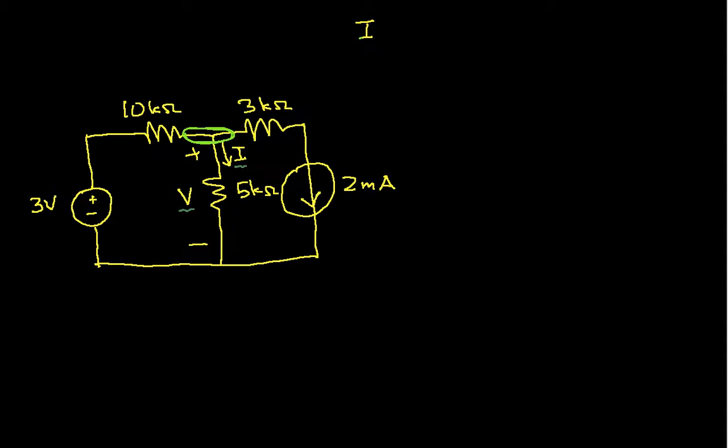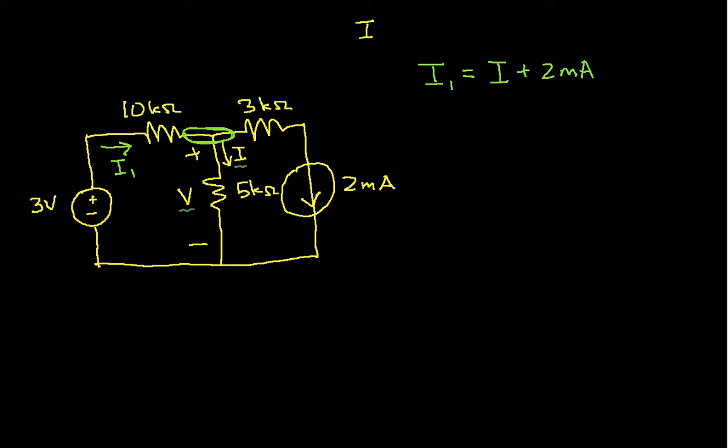In order to do that, I will define a current that goes through this 10K ohm resistor, and I'll call it, say, I1. Now, I have I1 going into the node, and that is equal to I, which is the current leaving the node, plus 2 milliamps.